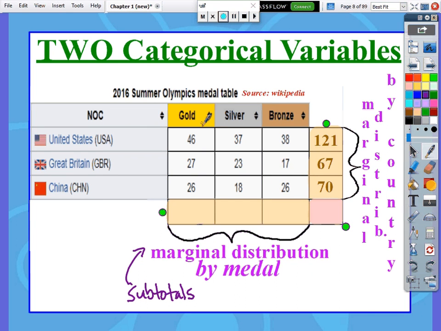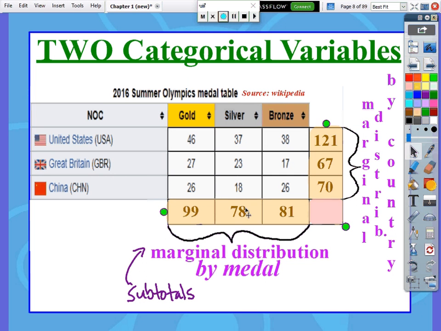Now, we could also talk about the marginal distribution by medals. So regardless of where the gold medals were from, let's focus on how many gold medals there were altogether. So we could come up with all of these subtotal numbers. How many total gold, silver, and bronzes were there? Well, if I took 46, 27, and 26, that'd give me 99 total gold medals by the top three countries.